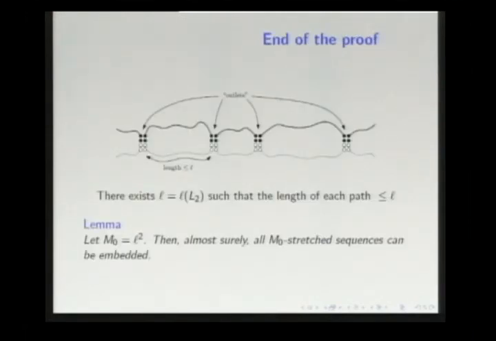And finally, we can prove this result. Let's call small l this upper bound. If m0 is L squared, then almost surely every m0-stretched sequence can be embedded in this structure.